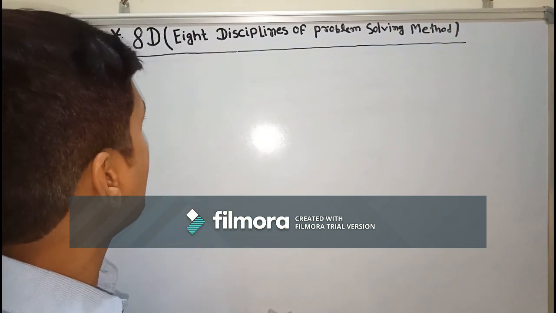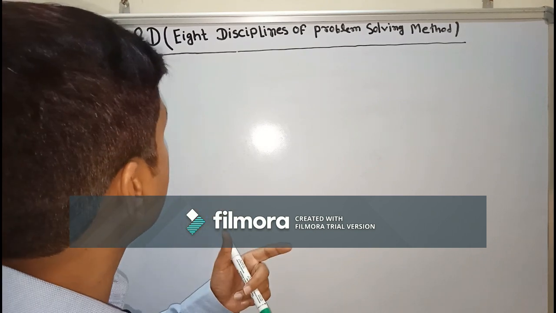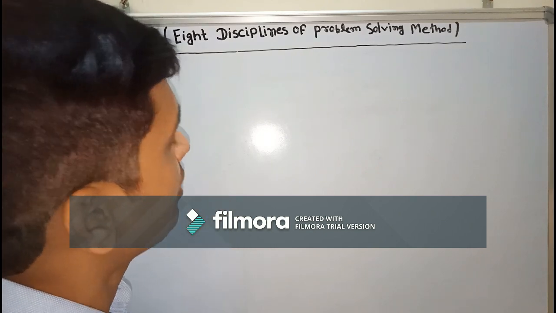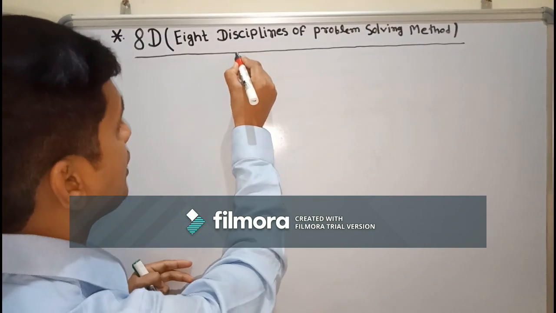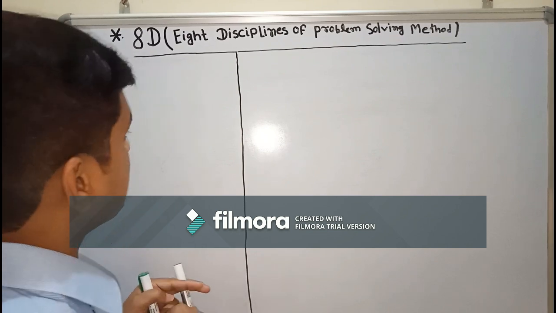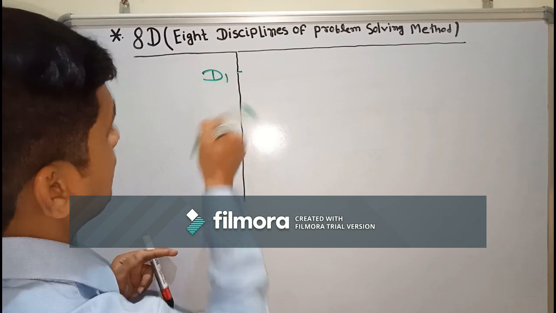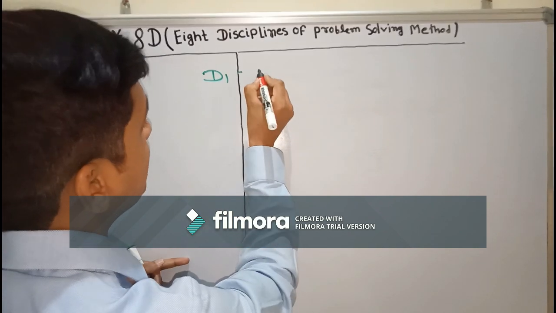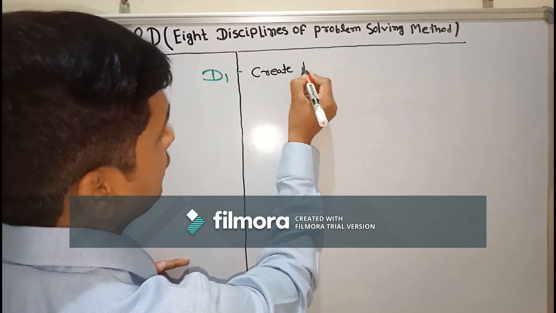Now let's discuss the different steps of the 8 disciplines of problem solving. That is very important. The first step, D1, is create the team.